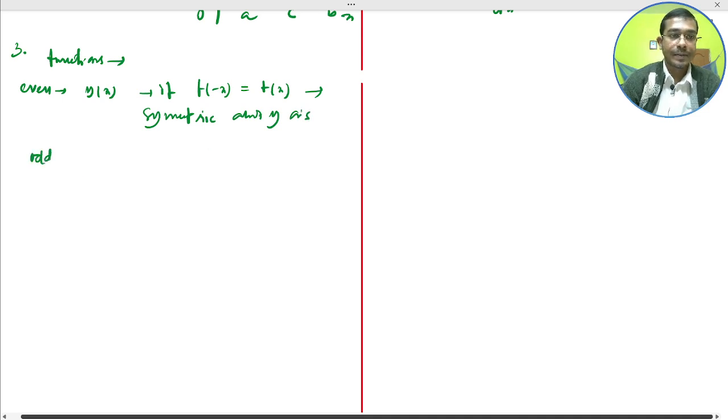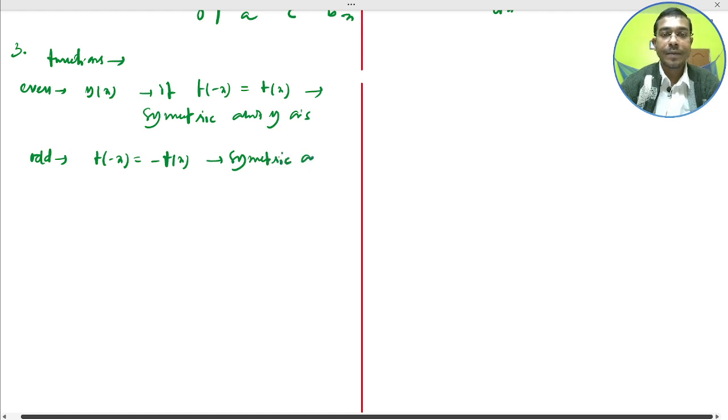Next, the odd function: f(-x) equals minus f(x), and this is symmetric about the origin, very important. This is the geometrical representation, symmetric about origin.